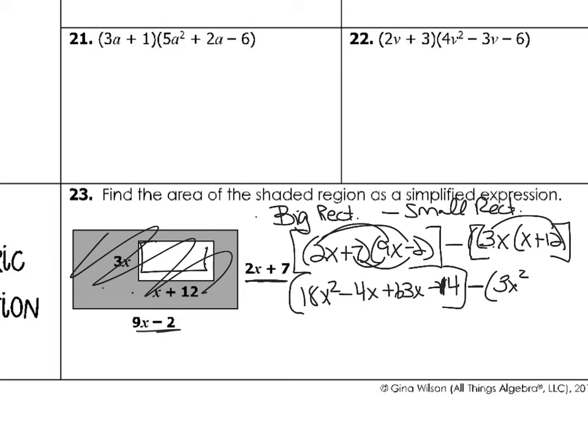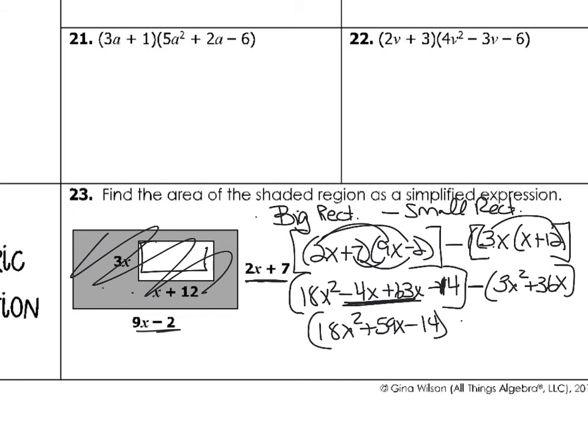And 3x times 12 is 36x. So let's simplify this by combining your like terms. So 18x squared plus 59x minus 14.